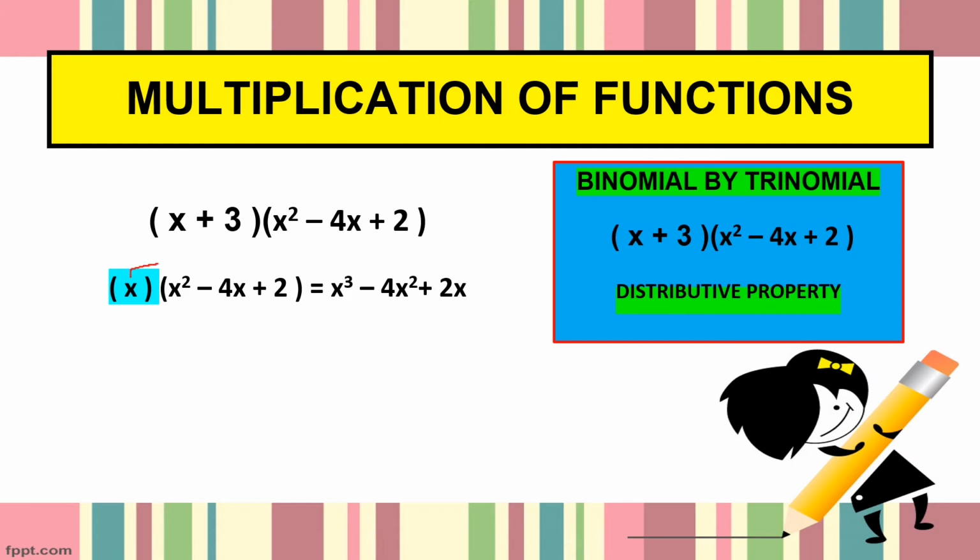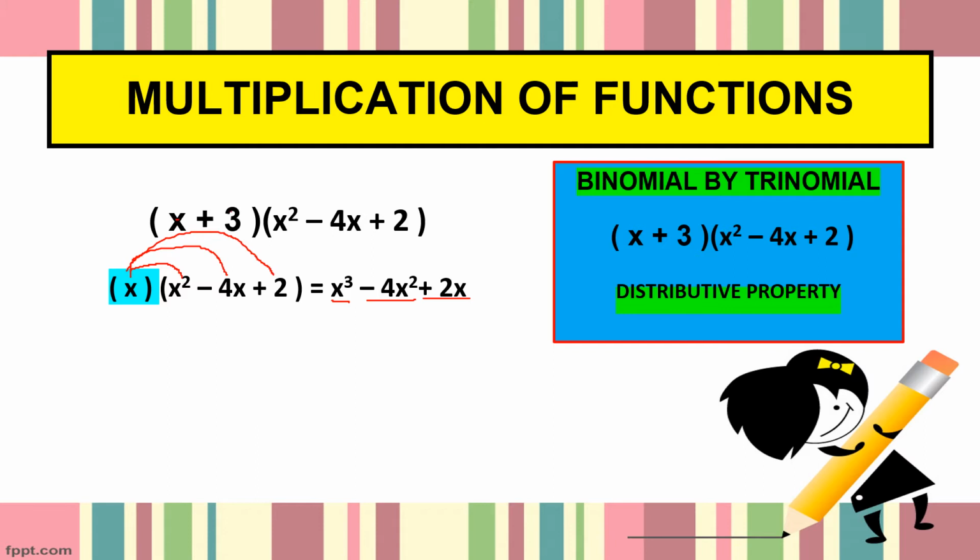So, x times x squared, we have here x cubed. Okay? Then next, x times negative 4x, you have negative 4x squared. And lastly, x times positive 2, you have here positive 2x. Okay, so you're done with x.